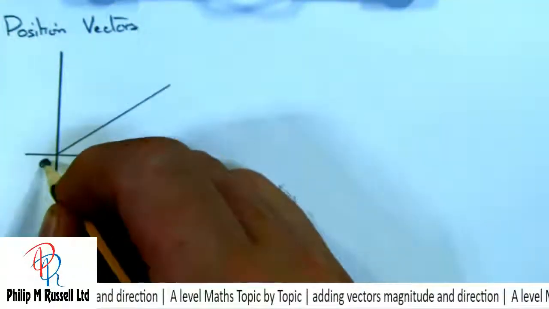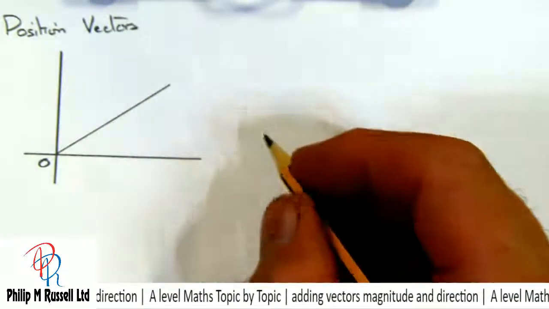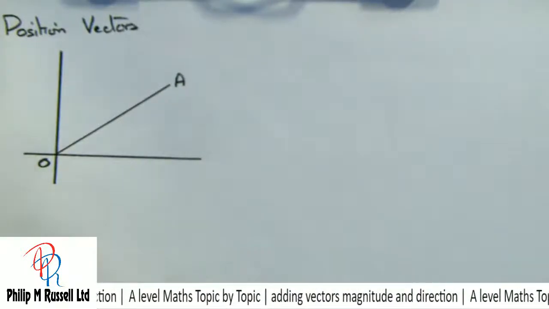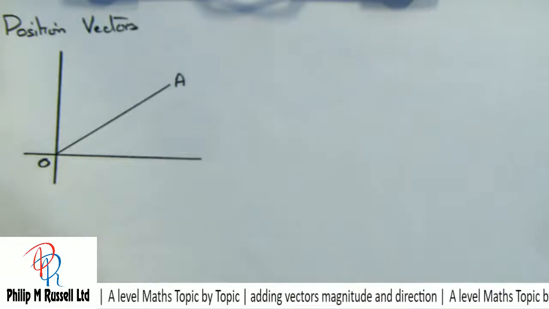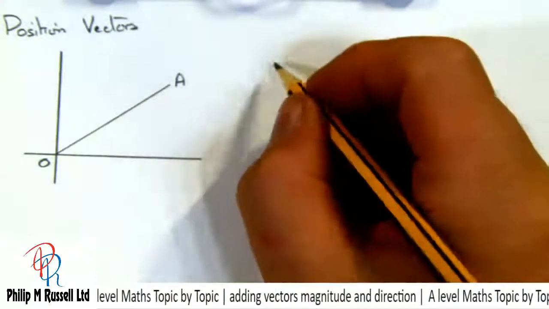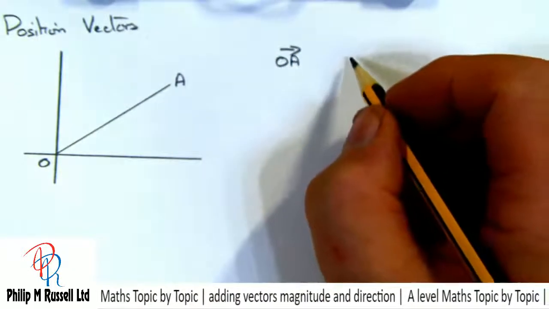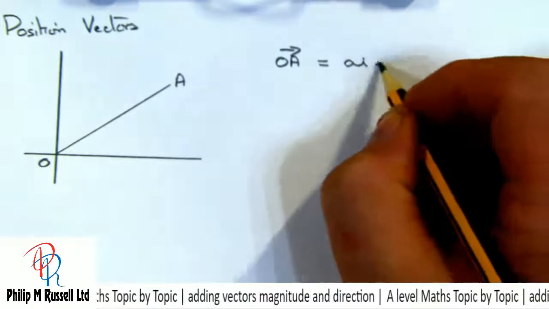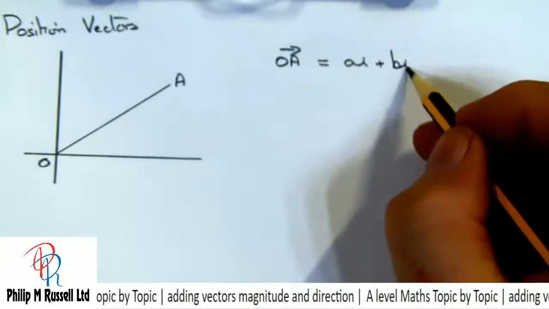It starts here, it's typically called O, and we're going to call this vector, how boringly, A. Right, so let's see what we've got. We've got my vector OA, and this is going to be something like ai plus bj.